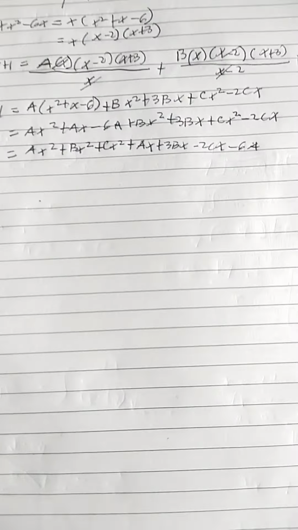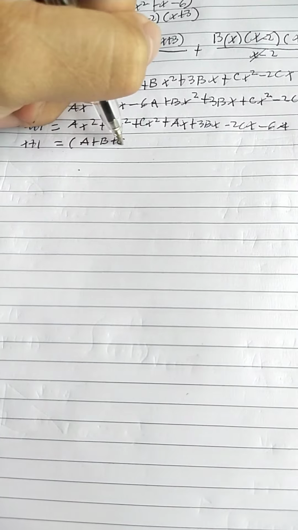So now we can factor out: x plus 1 is equal to the quantity a plus b plus c times x squared plus the quantity a plus 3b minus 2c times x minus 6a.